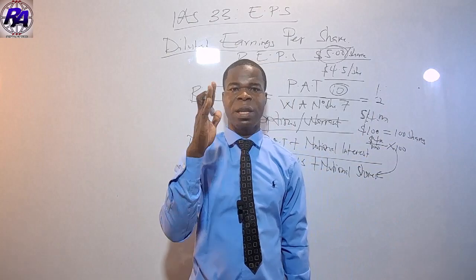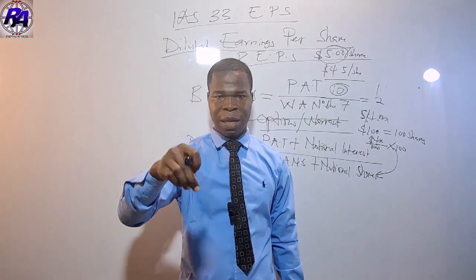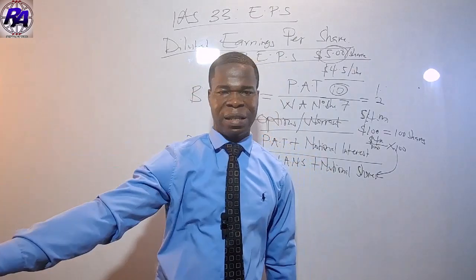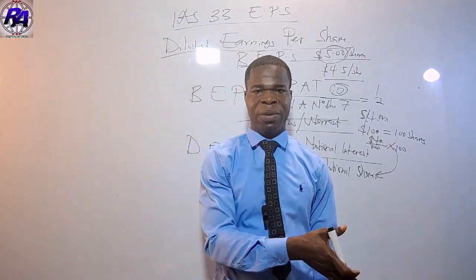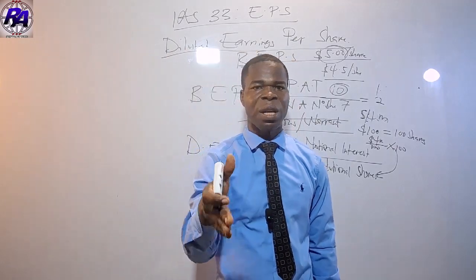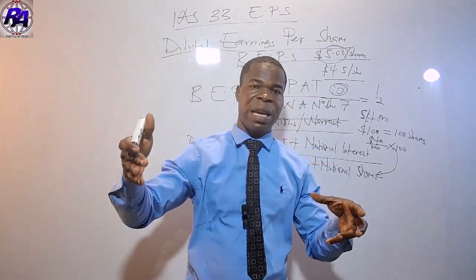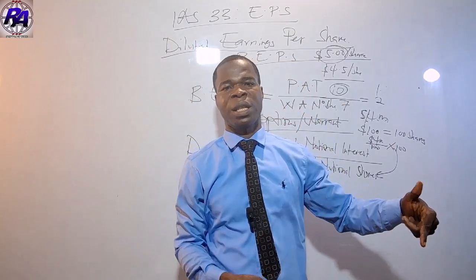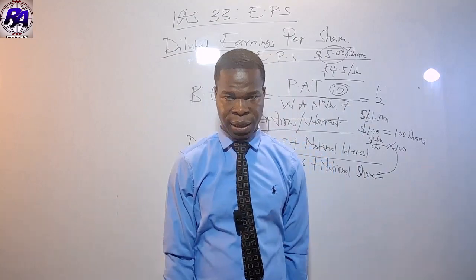So two things. We assume that potential ordinary shares are converted into ordinary shares at the beginning of the accounting period, or if later, that they are issued on the date that we convert the potential ordinary shares into ordinary shares.